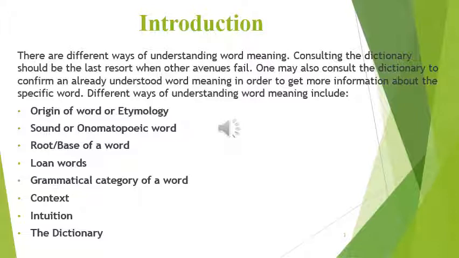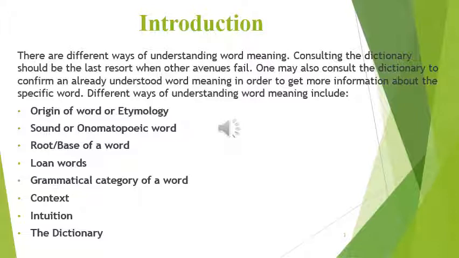We can also understand the meaning of words by looking at their root or base. Another way is through borrowing, to know where those words are borrowed from. Grammatical category of a word is another way of understanding the meaning of a word.